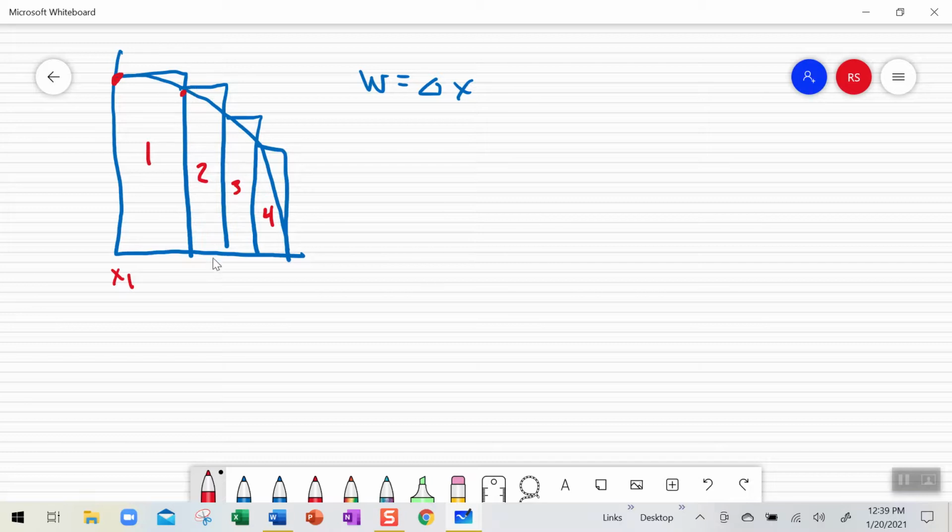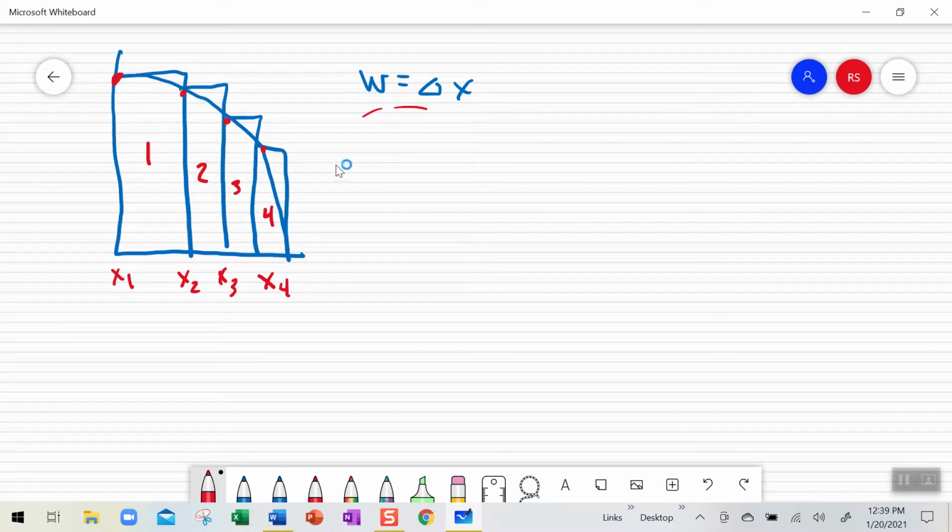Rectangle 2 intersects at x sub 2, rectangle 3 intersects at x sub 3, rectangle 4 intersects at x sub 4. Now in both of these, I made the left endpoint of the rectangle touch the curve, but it doesn't matter. It could be the right endpoint, it could be the midpoint, it could be any point, theoretically, on the top of each rectangle.